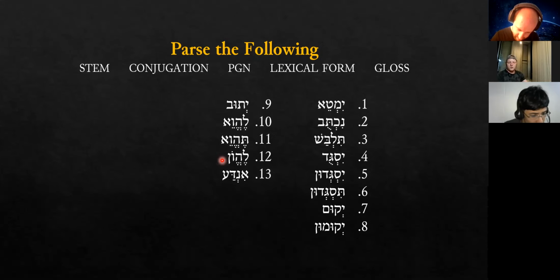Before, when he was doing the parsing, he would put the vowels for the third masculine singular. Now he's just putting the root letters for some reason. He puts Peal imperfect third masculine singular from mata, he will reach.